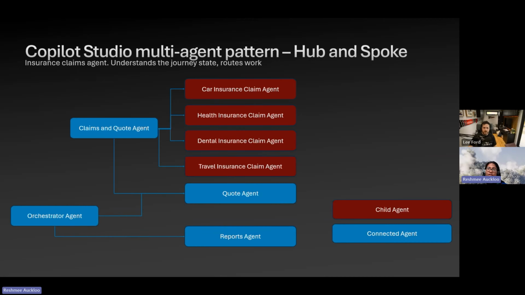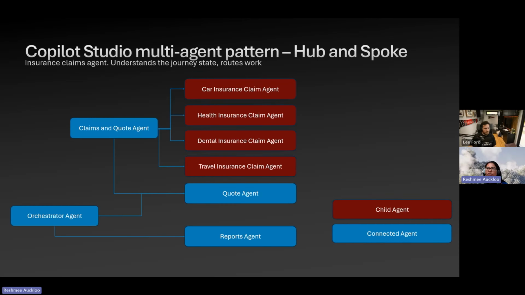And then for the insurance claims agent, I have many child agents, which I'm going to showcase and explain why I've done it that way. Then I have another one, which I'm calling the orchestrator agent, but it doesn't really need to be, it's just connecting the independent insurance code agent and the claims agent. Again, I'll show in the demo, but you might be thinking why I didn't connect it directly to the claims and code agent.